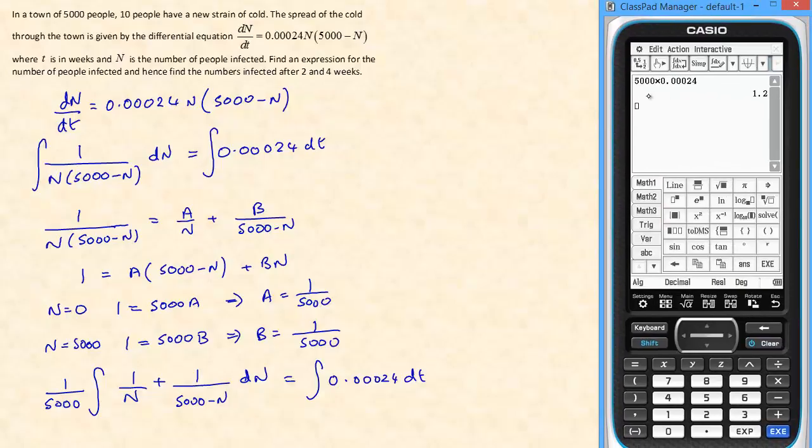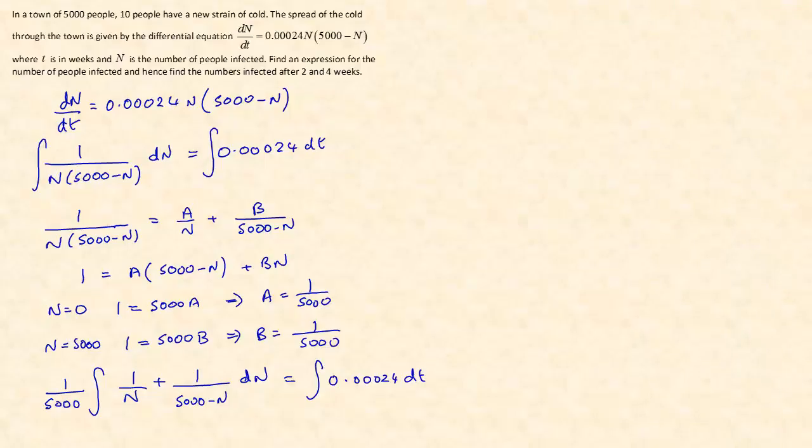Now I've calculated that 5,000 times 0.00024 is 1.2. So if we bring the 5,000 up over this side, we then have the integral of (1 over n plus 1 over 5,000 − n) is equal to the integral of 1.2 dt.